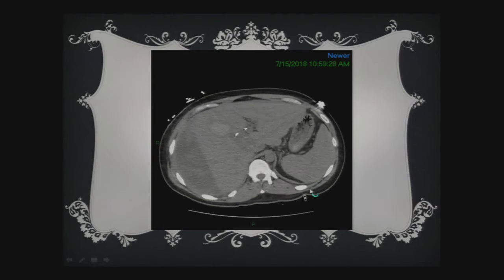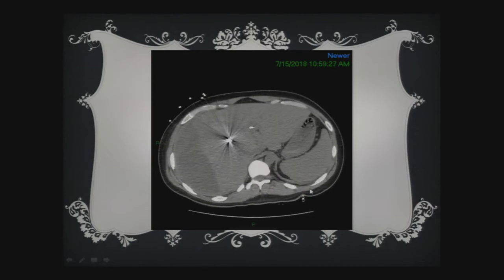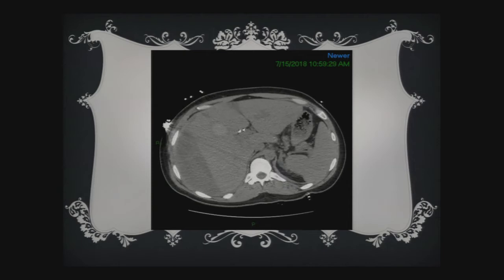And then you can also see the coil embolization up there, as well as the stents that are coming down here.